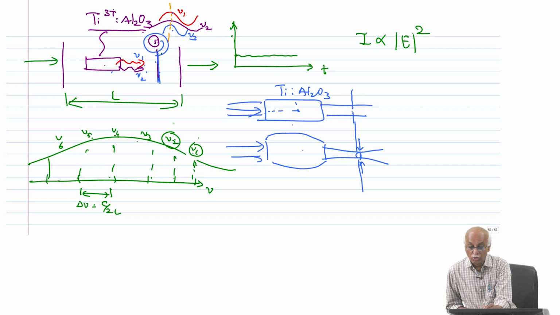So, if this energy is very small, the laser amplification will have very small output, which is not a mode locked output.